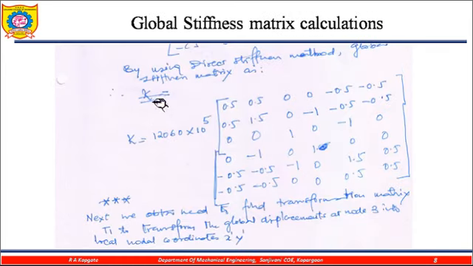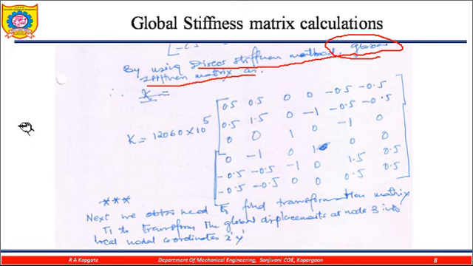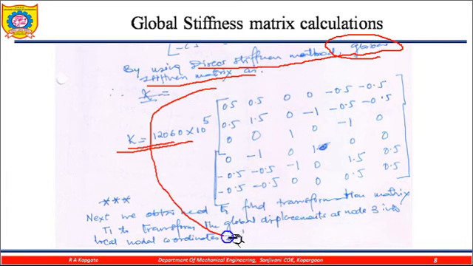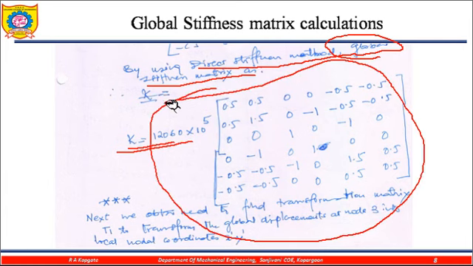then, by using the direct stiffness method, find out the global stiffness matrix, that is the assemblage process. So adopt the assemblage process or the direct method for calculating your global stiffness matrix, so that you get these values of the global stiffness matrix.